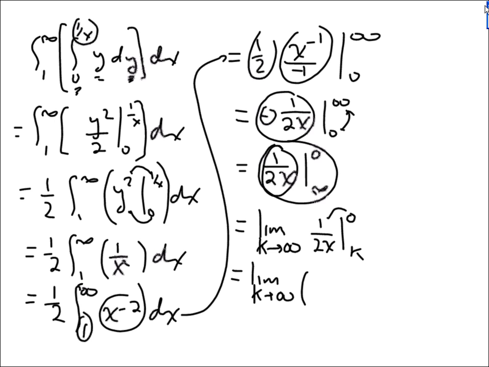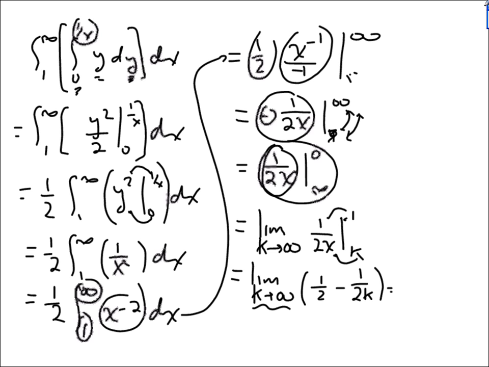It's always been from 1 to infinity. Sorry about that. So again, when you interchange the limits, you get infinity to 1. So when you plug 1 in, you get 1/2 minus, when you plug k in, you get 1 over 2k. Now you take the limit.